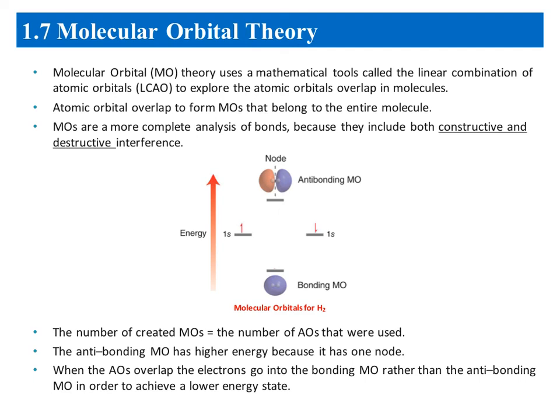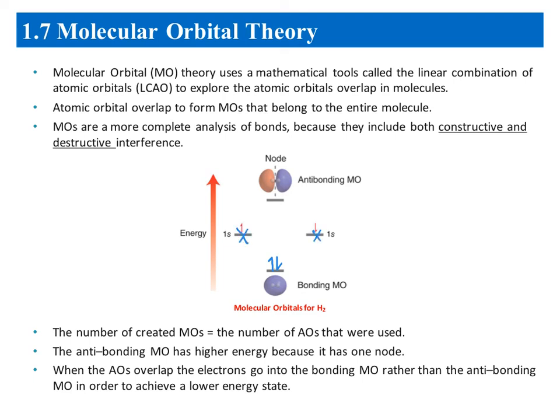So MO theory says that after atomic orbitals overlap with each other, they stop existing. So the electrons in atomic orbitals will occupy the bonding MO to achieve a lower energy state. And remember, in chemistry lower energy means stability. So the molecule becomes more stable. Therefore, these two electrons occupy the bonding MO.